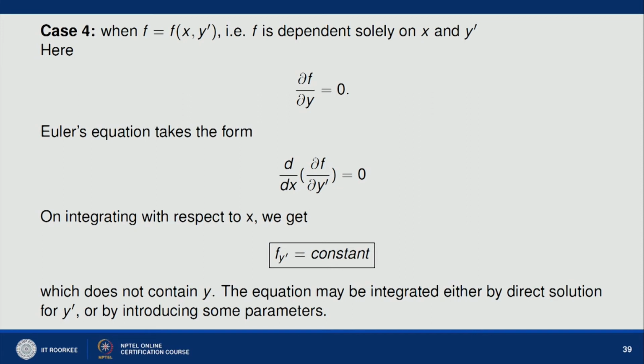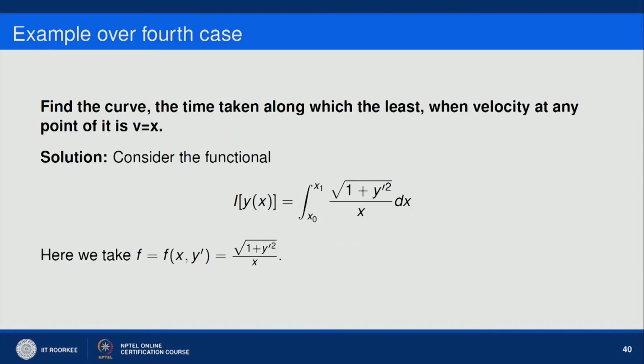So let us take one example to have more understanding of this. It is basically a functional which considers the time taken by a particle moving from one point to another point. Find the curve on which the time taken is the least when the velocity at any point of it is v equal to x.